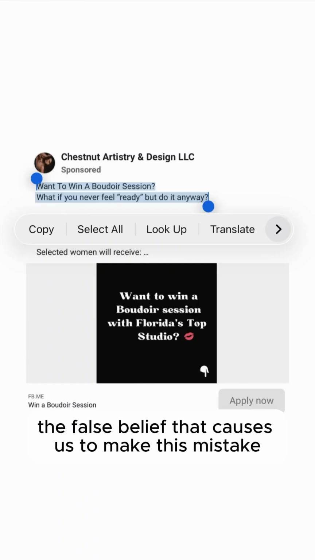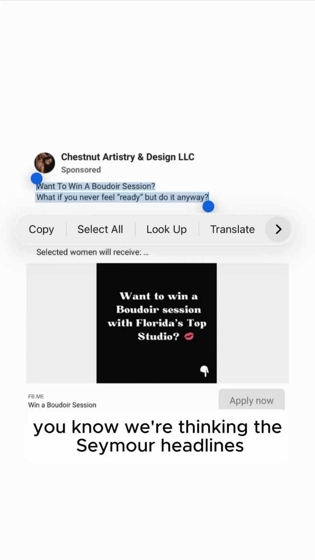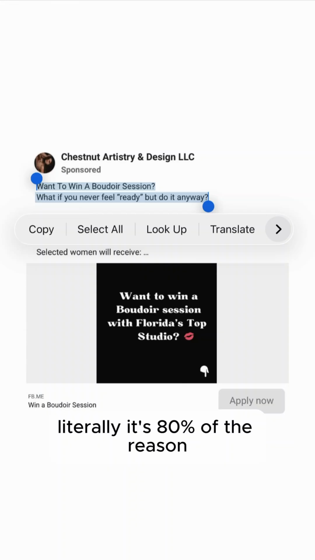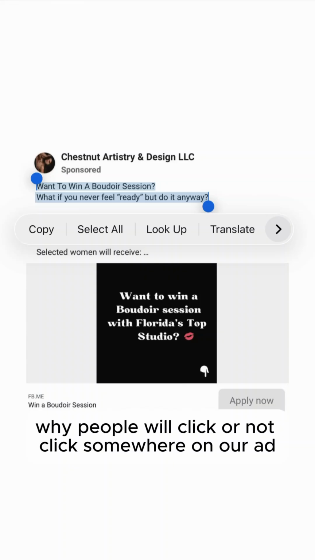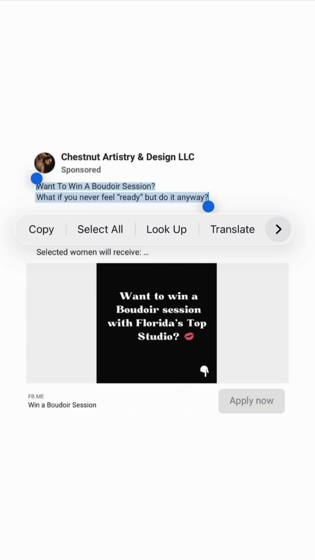The false belief that causes us to make this mistake is that we think the see more headline is kind of willy-nilly, when in fact it's 80% of the reason why people will click or not click somewhere on our ad. So this is actually the most important part.